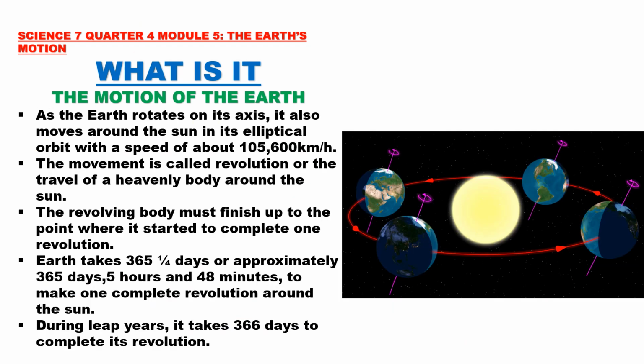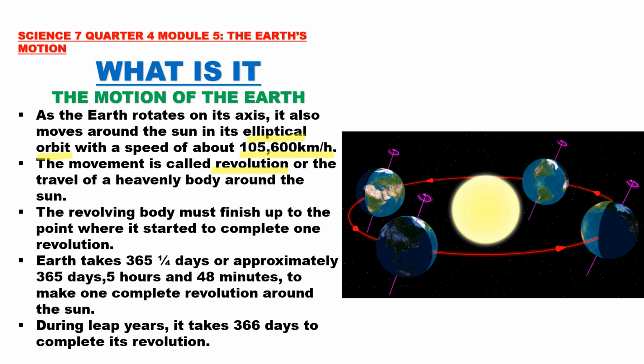As the Earth rotates on its axis, it also moves around the Sun in its elliptical orbit with a speed of about 105,600 kilometers per hour. The movement is called revolution, or the travel of a heavenly body around the Sun. The revolving body must finish up to the point where it started to complete one revolution.